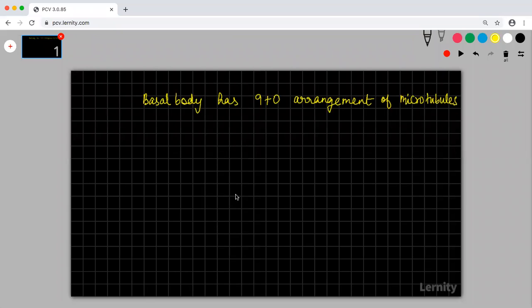Which means yesterday we studied there is a basal body and axoneme. In the axoneme it is 9+2. Here it is only 9+0. Just note down this point alone. If this point is done, we are done with microtubules.